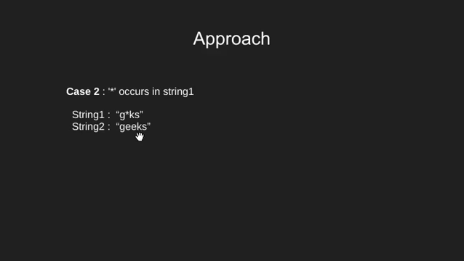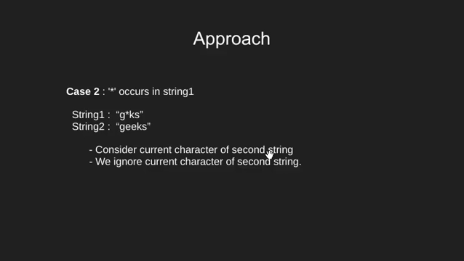Now let's see the other case when the first string has an asterisk. See here with the sample strings. Now for this asterisk, we can either accept whatever we have in our second string or ignore it. So for this asterisk, we accept this e and move ahead. Again for this, we accept this e and move ahead.